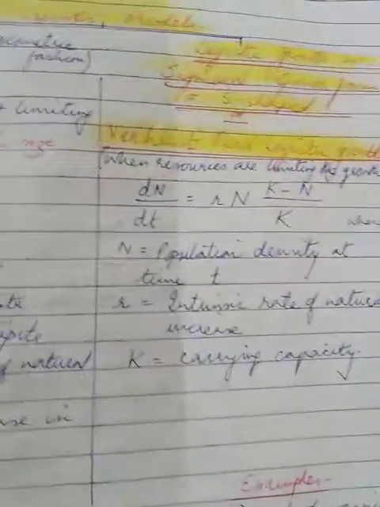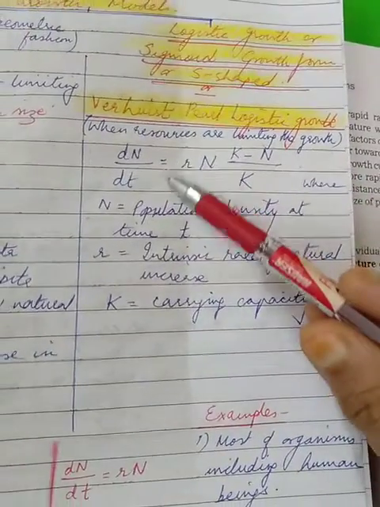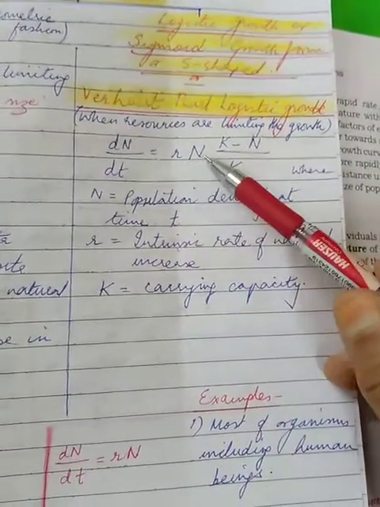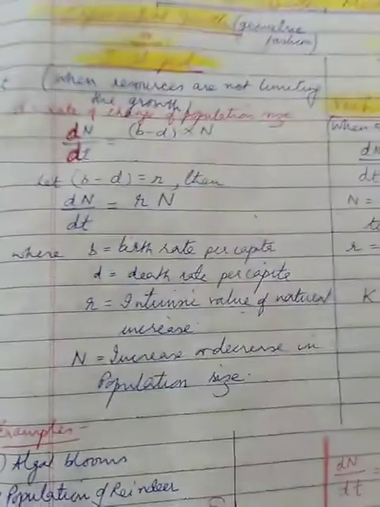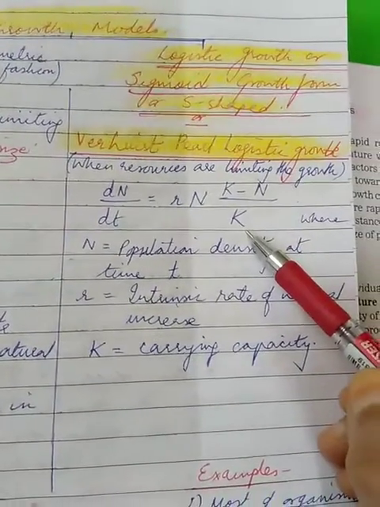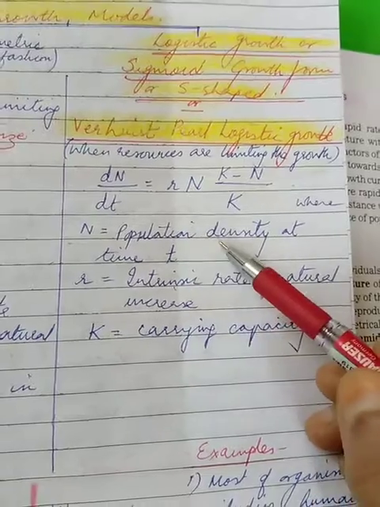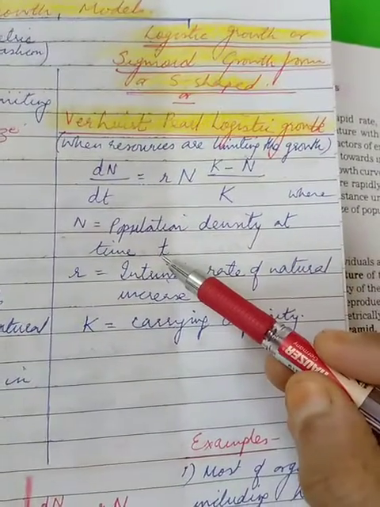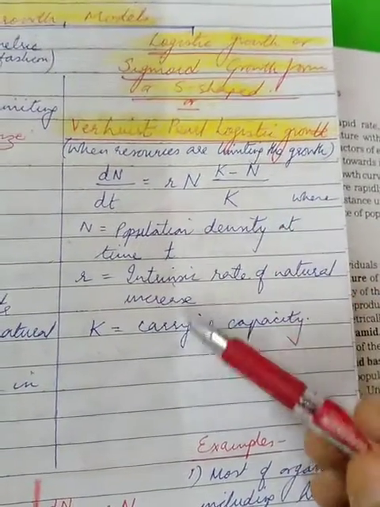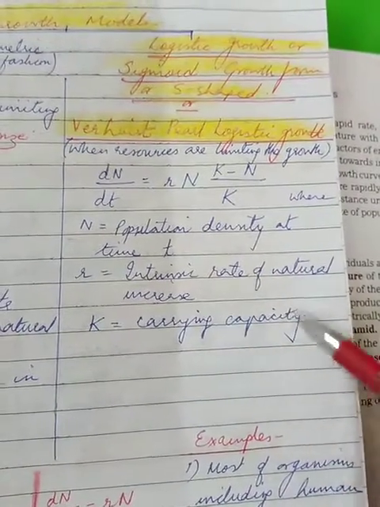So let us derive the formula for this. When resources are limiting the growth, from dN/dt = rN we had derived dN/dt = rN (K - N)/K, where N means population density at time t, K means the carrying capacity, that is how much population can be carried by a given environment.